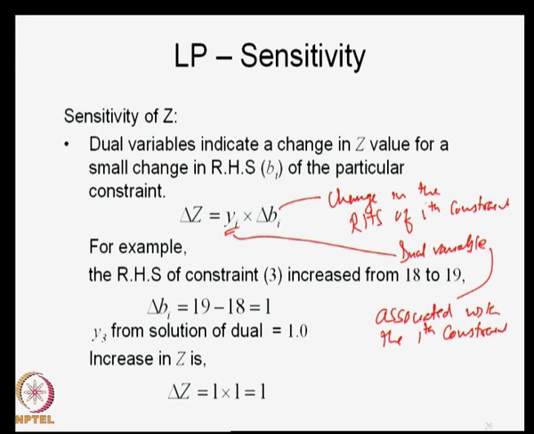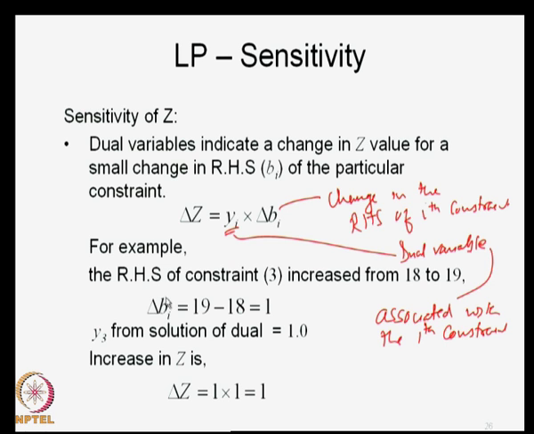Incidentally, this variable we have associated with a particular constraint, and we obtained the solution from the primal solution, and these are called the dual variables. So, the solution of the dual will give us the values for the dual variables. So, we know from the primal solution the yi corresponding to that particular constraint, and delta z is the change in the objective function value associated with a small change in right hand side values.